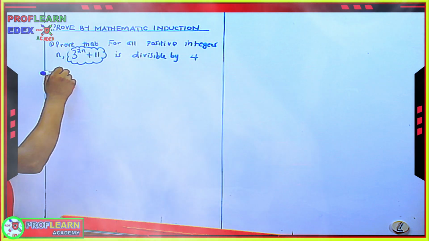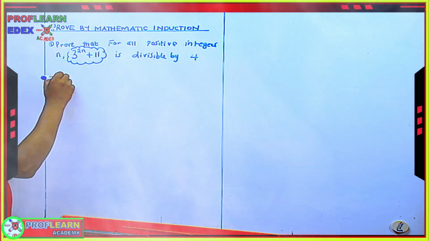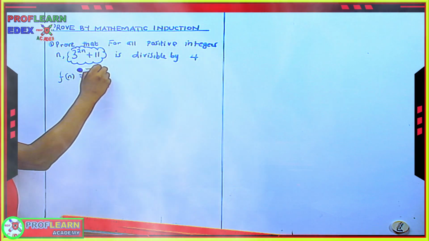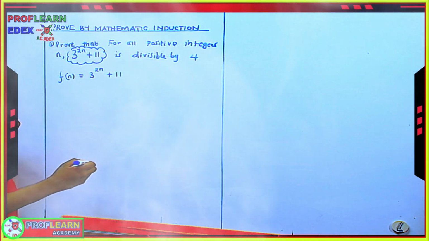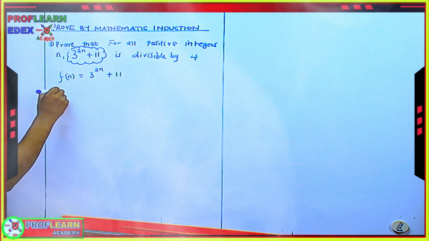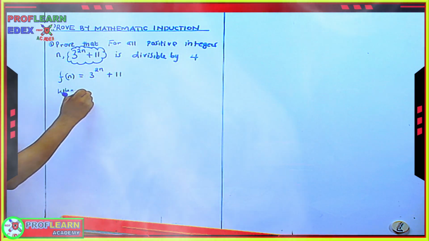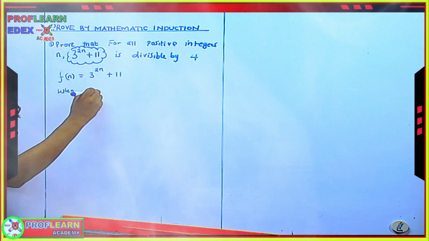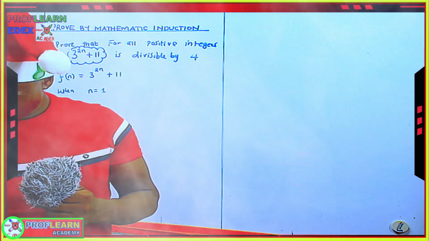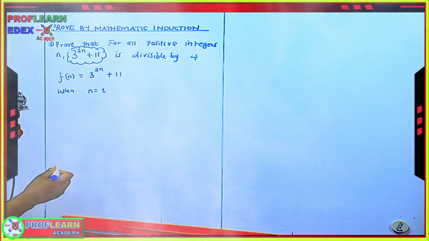We take this expression and say f of n is equal to 3 to the power 2n plus 11. So when n equals 1, let's see how this expression becomes.